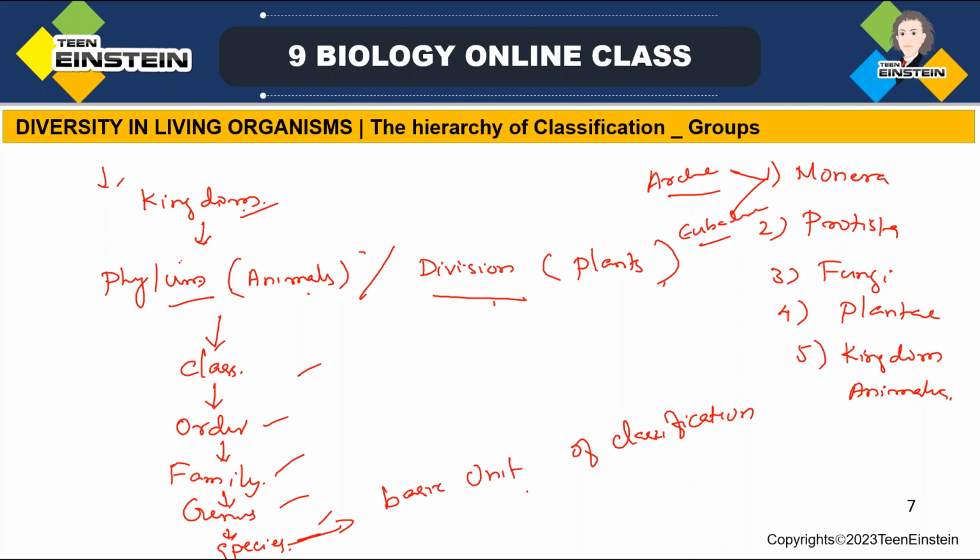You will come to know why we are still using that classification. So in the next class, we'll be learning about the characteristics of the five kingdom classification proposed by Whittaker. Okay, thank you.